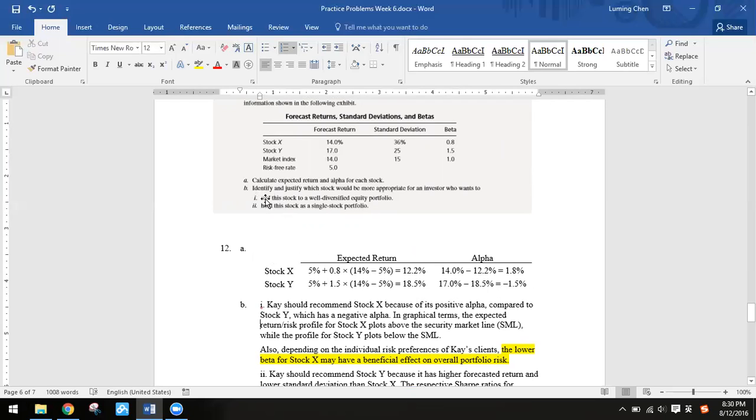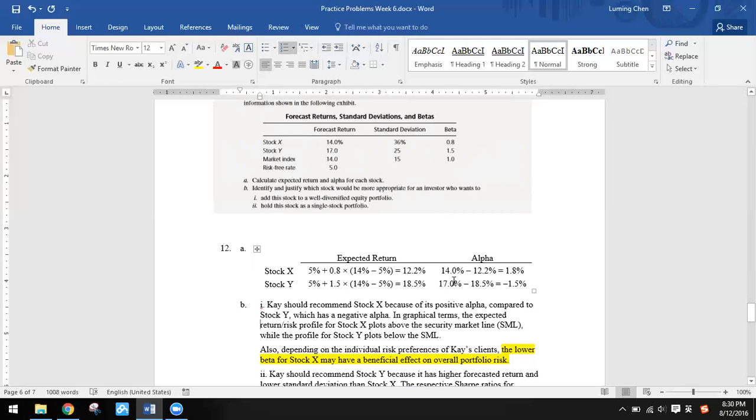So if we want to add this stock to a well-diversified equity portfolio, which stock should we add? Well, if we want a well-diversified equity portfolio, we choose the lower beta, because if the beta is high, there is no benefit from diversification.